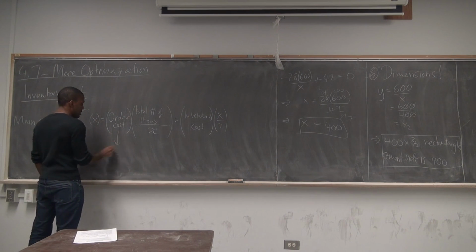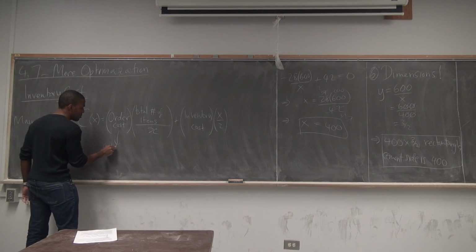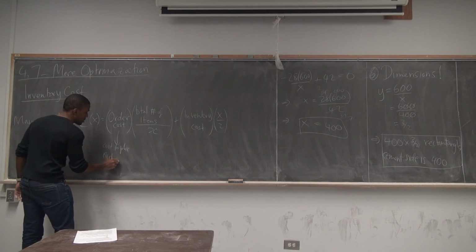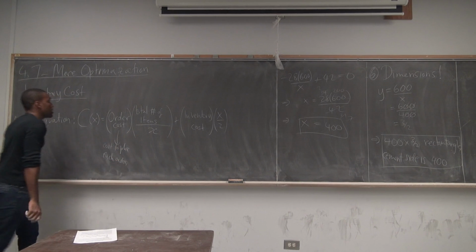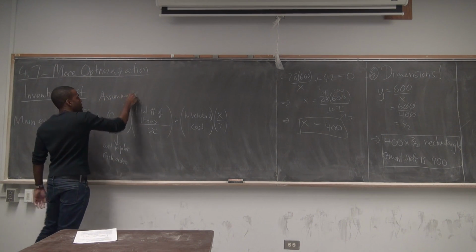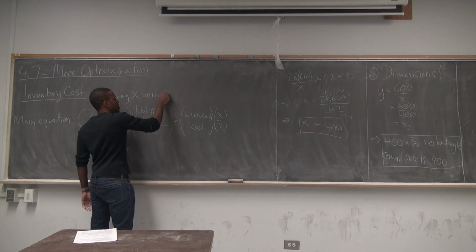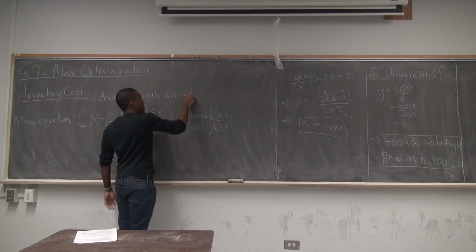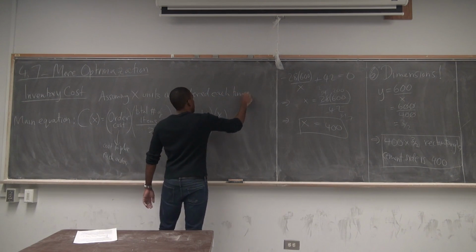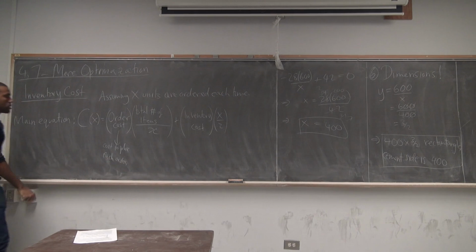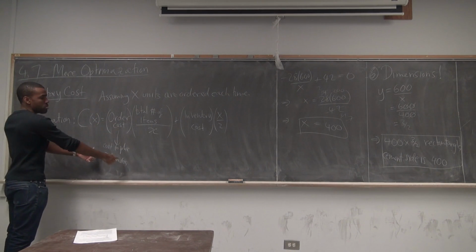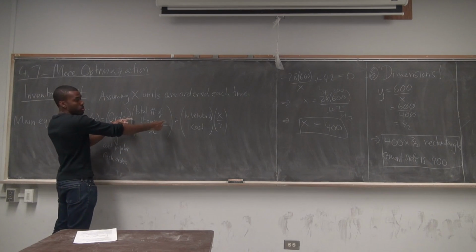Now the idea behind this is the cost to place each order, under the assumption that X units are ordered each time. So this is what you're going to pay each time you make an order. This actually gives you the number of orders you make.